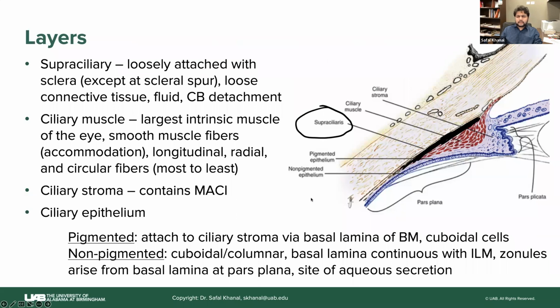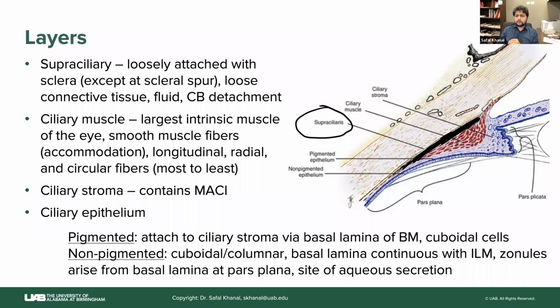Now, when you look at the layers of the ciliary body itself, from outside to inside, you have your supraciliary layer, and this is very loose. It is attached to the sclera underneath, and oftentimes it is the site of ciliary body detachment because it can accumulate fluid within itself.